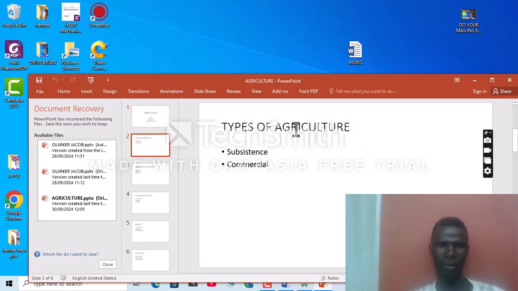Now I can come to the second slide. We have the types of agriculture. We have two common types of agriculture, that is subsistence agriculture and commercial agriculture. With subsistence agriculture, the produce is mainly for home consumption or family consumption. And the second one, commercial agriculture.